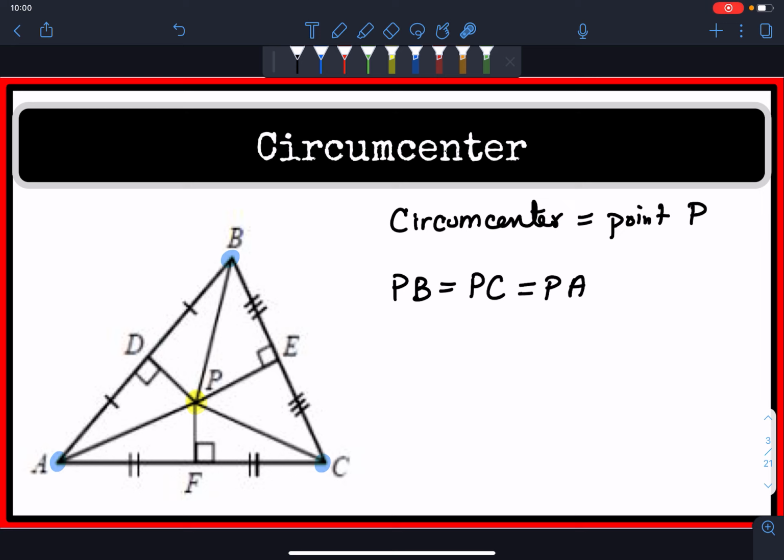And that then makes our perpendicular bisectors the following.